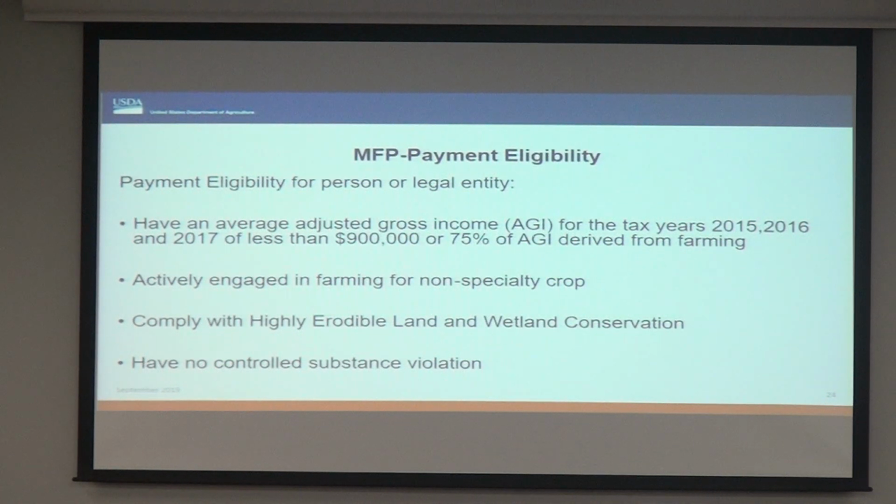That's just looking at when you fill out a farm operating plan with FSA, as far as the inputs, capital, labor, and all that's contributed, that FSA determines you're actively engaged in farming. And then there are some highly erodible land and wetland conservation provisions that apply. You have to be in compliance with those, and also have no controlled substance violations.